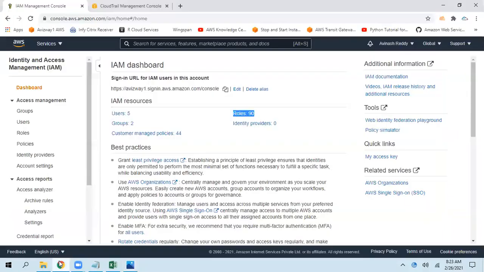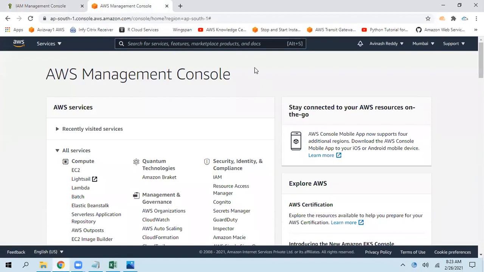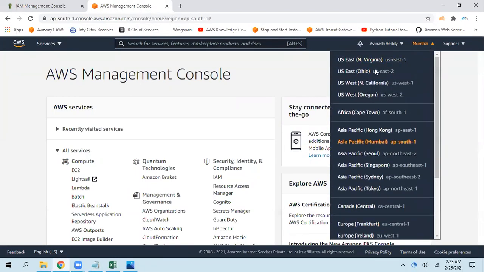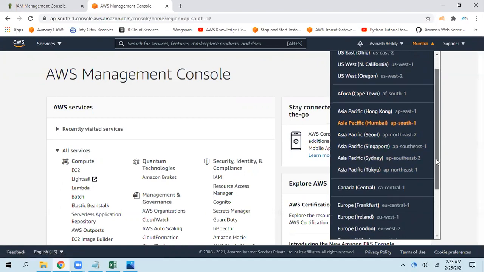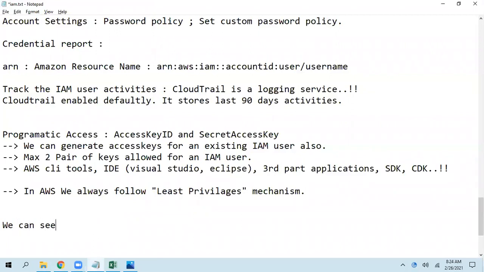I want to mention one more thing, guys, that I haven't covered. If you go here and count how many regions you can find, 4, 5, 6, up to 20, we can see only 20 regions, but the total region count is 22.